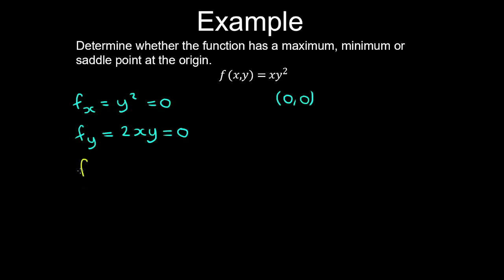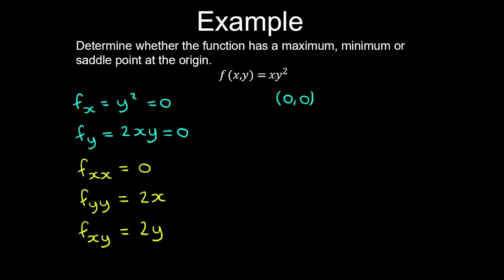And taking the second partial derivative with respect to x, we get 0, and with respect to y gives 2x. And the mixed partial derivative with respect to x and y is equal to 2y.